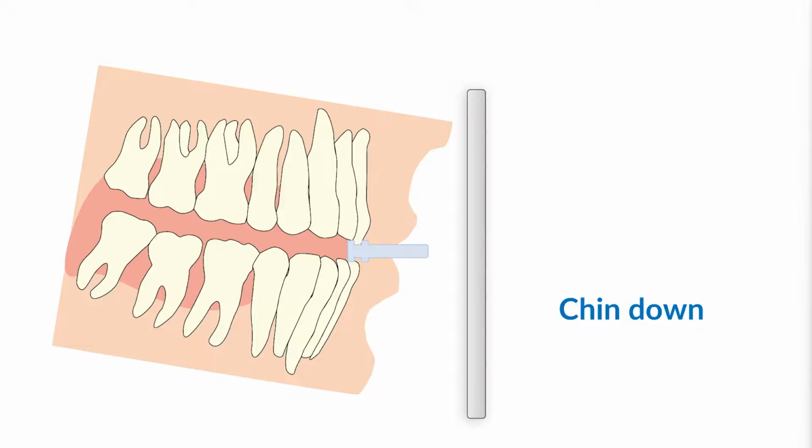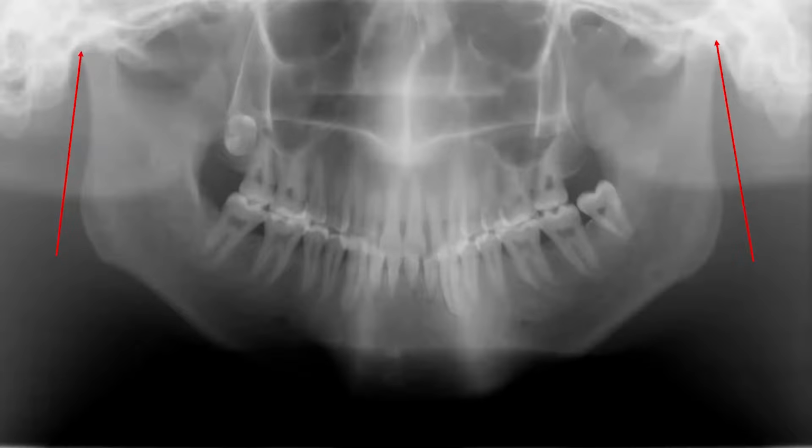An error may also happen if the patient's chin is tipped down. The patient is still biting on the bite block with their anterior teeth. So again, this is our phantom without a bite block, but we made the phantom point downwards. This time, we have the occlusal plane with a very prominent smile, and we see that the posterior borders of the ramus are pointing towards the center of the film.